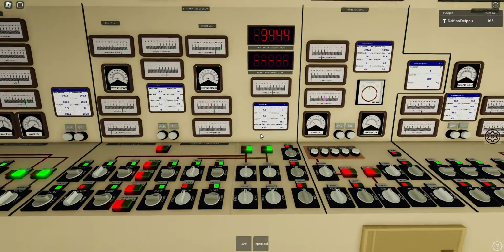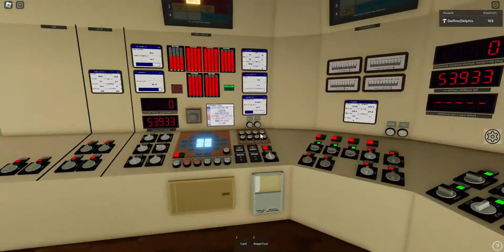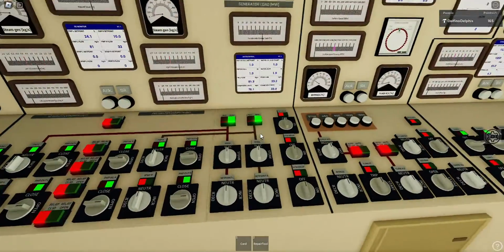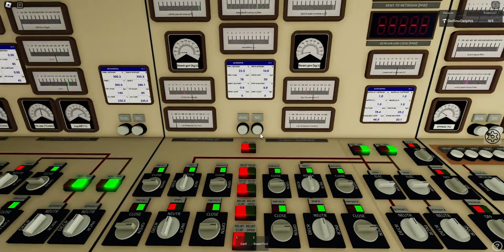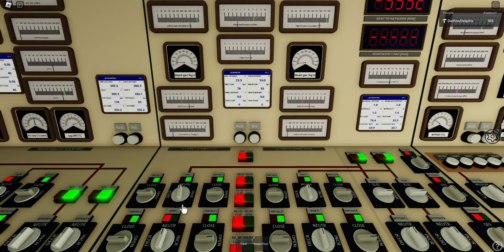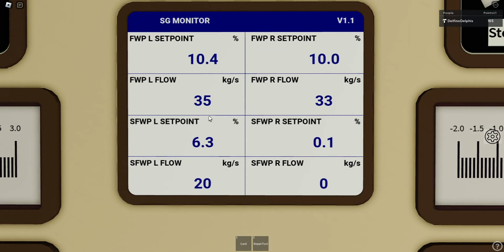And if you want to use auto control with them, this is your selection between electric and steam. So maybe let me switch it to steam. I will reduce this to 10%. And let's see what happens. As you can see, the auto control is now enabling the steam-driven pump.